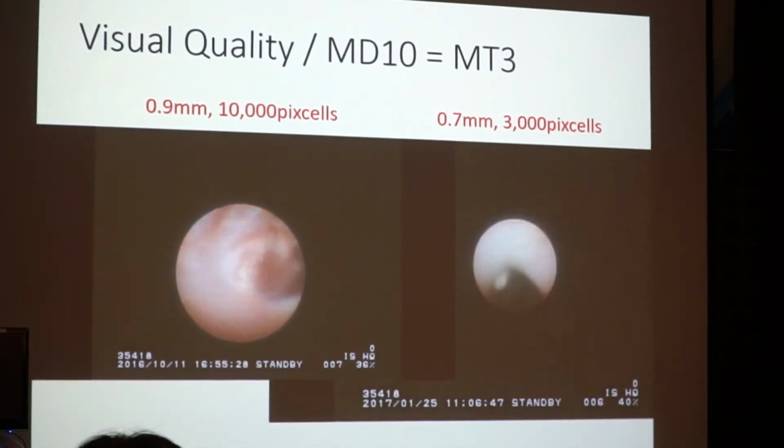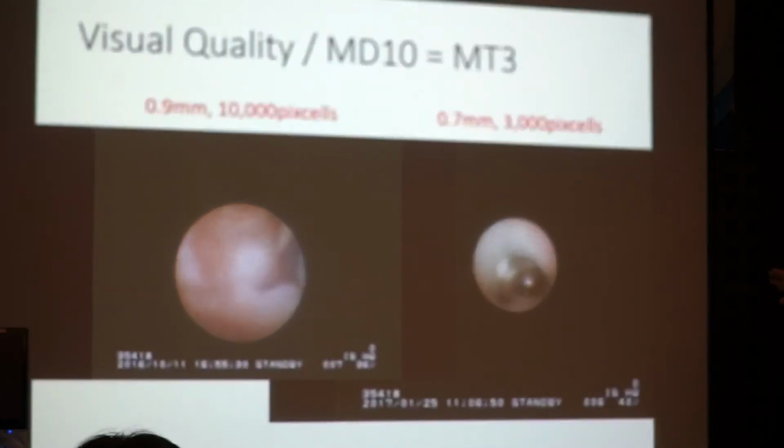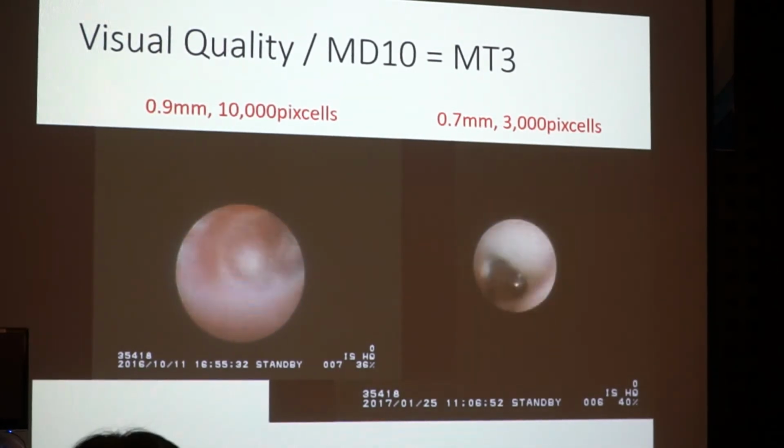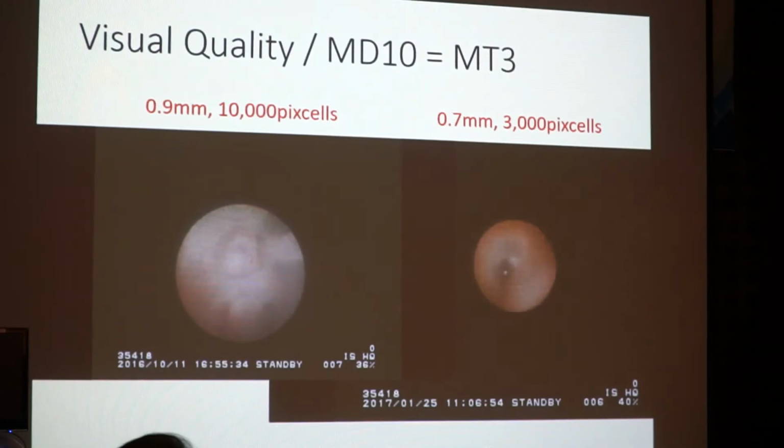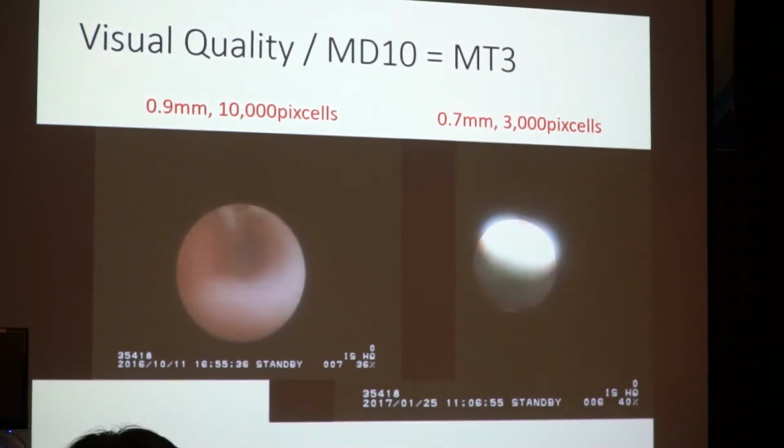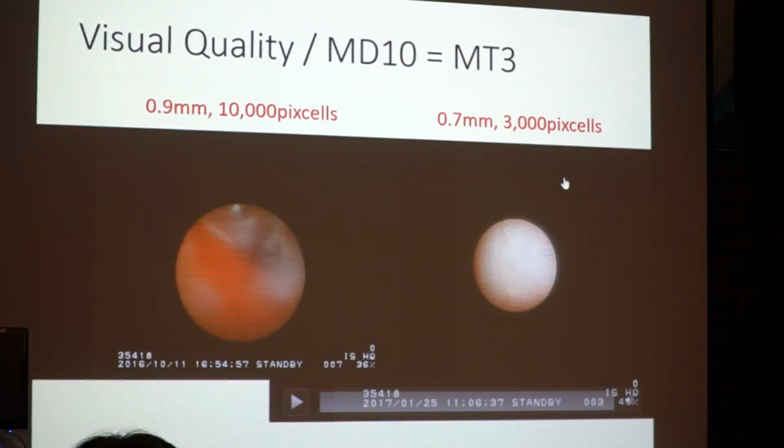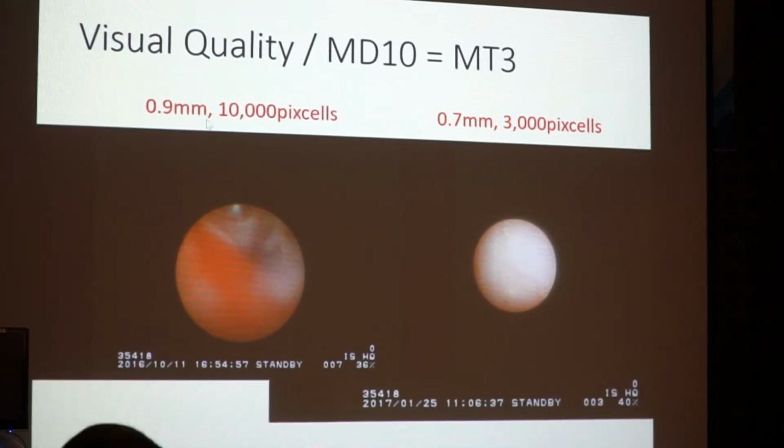Image size is bigger in the MD10. But the viewing angle is exactly the same, 60 degrees. So that's why I use MT3 in routine examination. And occasionally I use MD10 for the secondary SGI.